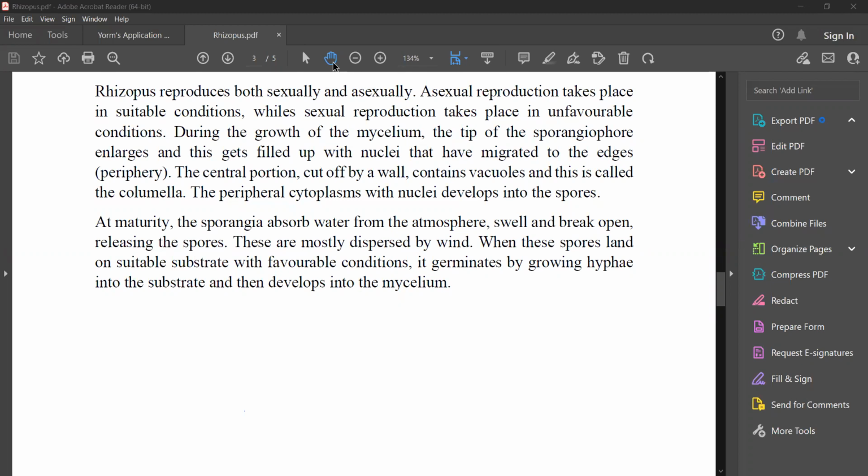Do we get this? So at maturity, it absorbs water, breaks open, releases the spores, and most of the time, because these are very tiny, they are transported by wind. So you can call it a form of wind dispersal. The wind transports them, and then you can find these spores falling on suitable substrates. So you can have them in some flour, you can have them in certain food substances, such that because these food substances are suitable enough, when they fall there, they're able to germinate again and form a new mycelium.